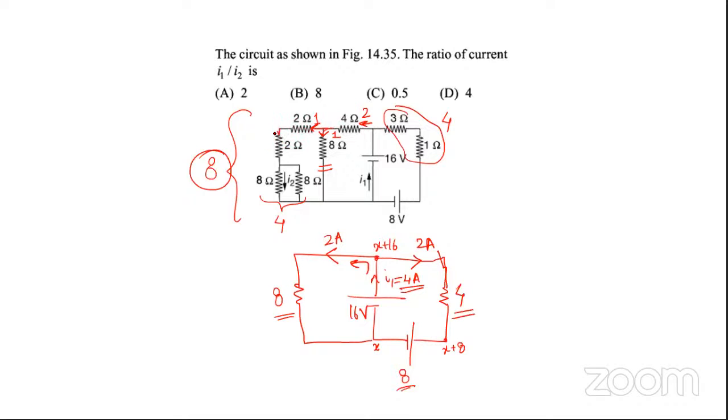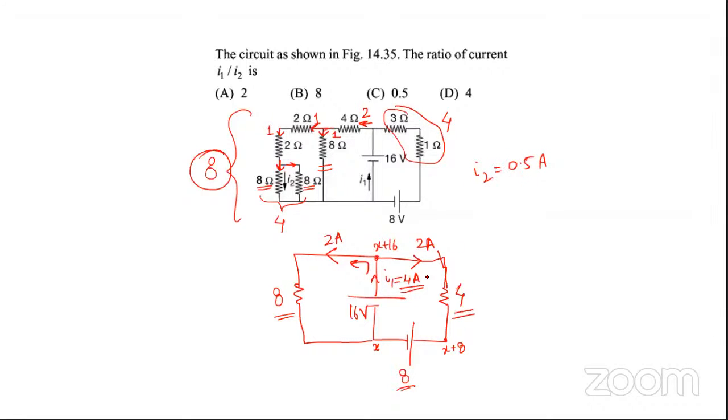Now this 1 ampere is coming here, and now it is going to get divided into this and this branch. So will it get divided equally? Yes, because both of the resistors are equal in magnitude. So this one has become 0.5 and 0.5. So my I2 becomes 0.5 amperes.